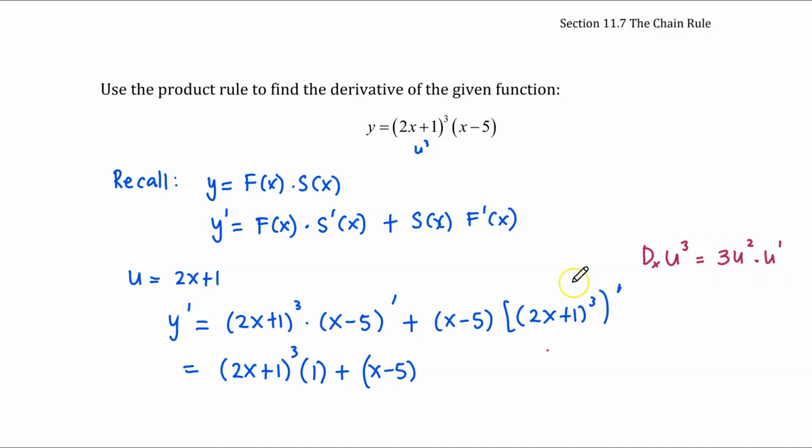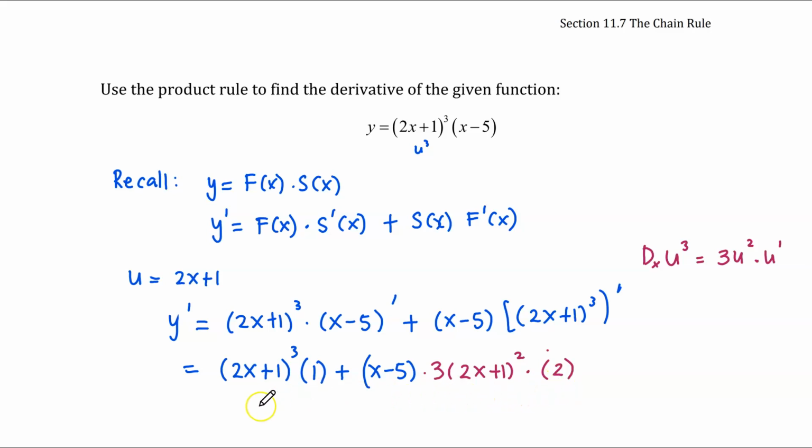Now applying it here, we then have 3 times our u, which is 2x plus 1, so (2x plus 1) squared, times the derivative of u, derivative of 2x plus 1, and the derivative of 2x plus 1 is 2. So therefore, the derivative of the function here is given by the expression here.